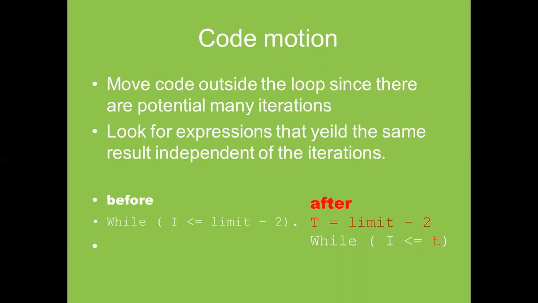Unnecessarily we are using the loop for, suppose, 10 numbers, but we want to calculate up to only 5. So we will use the loop condition up to only 5 times. Look for expressions that yield the same result independent of the iterations.